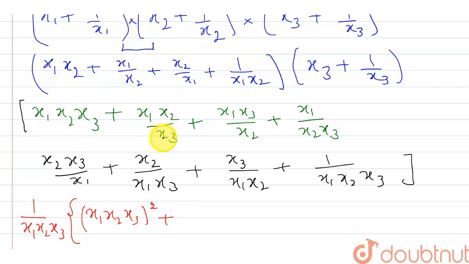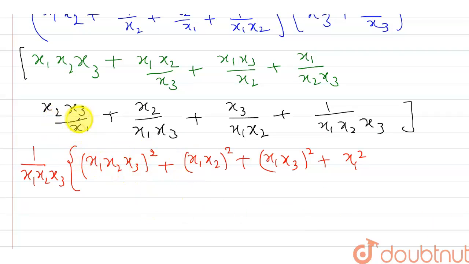This will be x1 x2 square. I have to just multiply this term by all the other terms, if I am taking this common. And this term will be, x2 cancels out, x1 x3 square, plus this will give me x1 square.